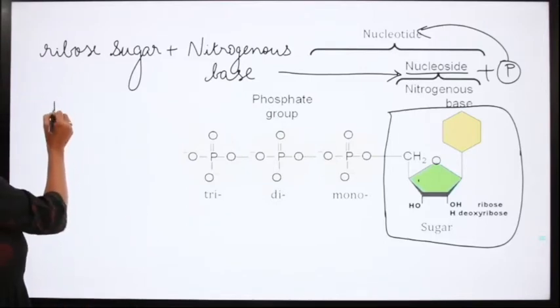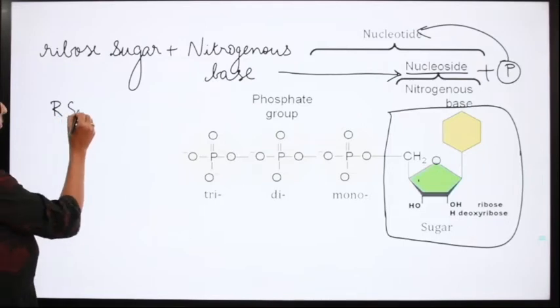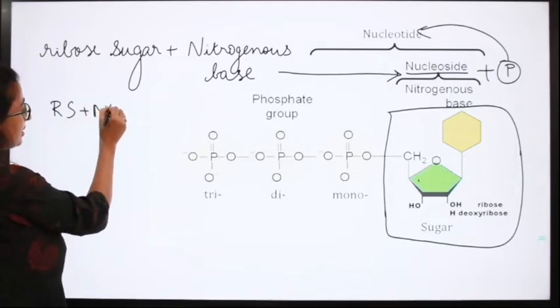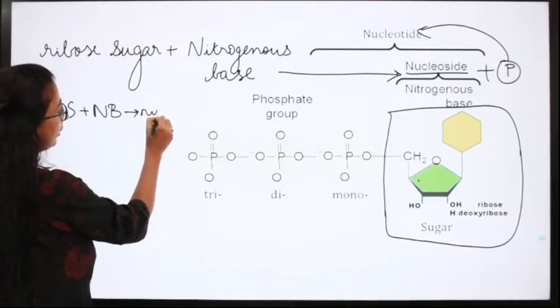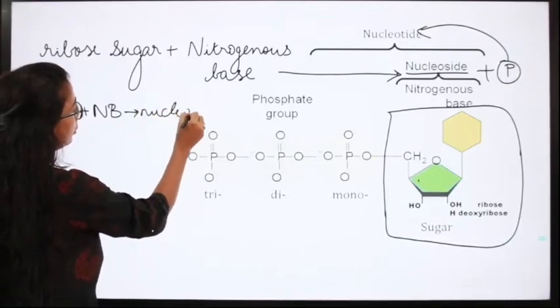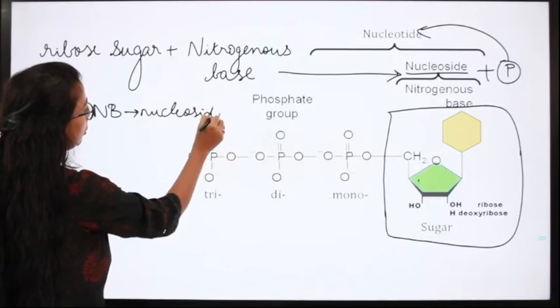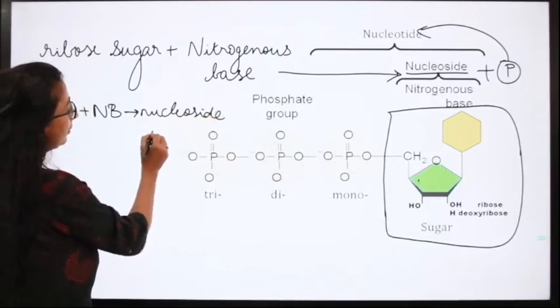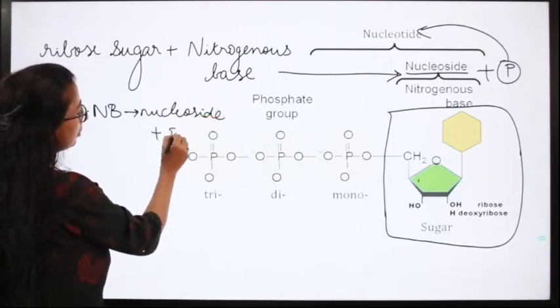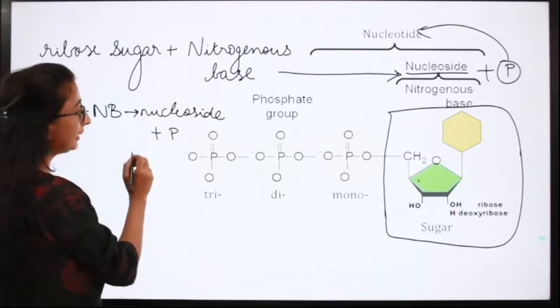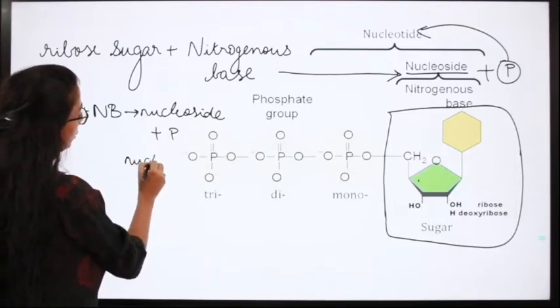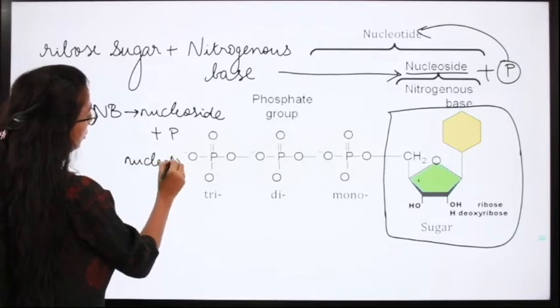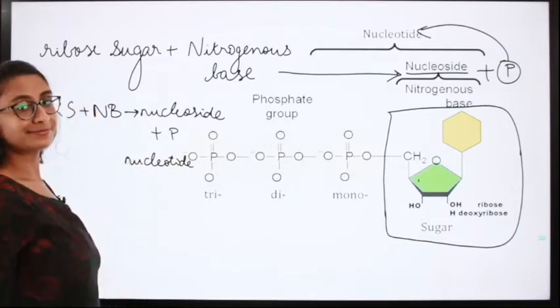The ribose sugar plus nitrogenous base gives a nucleoside, and nucleoside plus the phosphorus group gives the nucleotide. Okay.